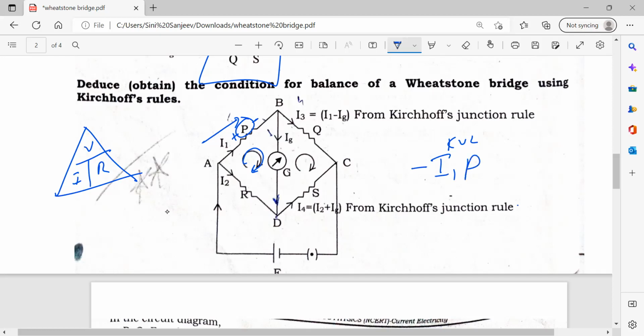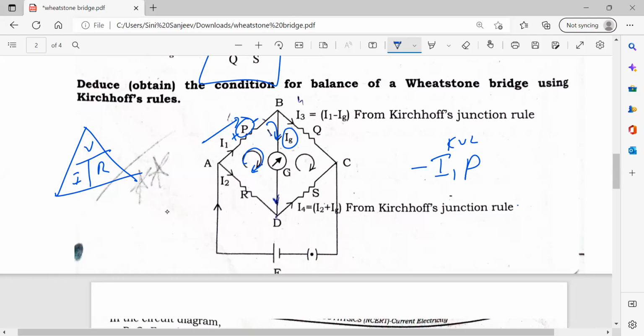Again, I'll go down here, towards this IG, the galvanometer. IG is called galvanometer. It shows the deflection of the current. The use of galvanometer is to show the deflection of current, whether it is negative or positive.